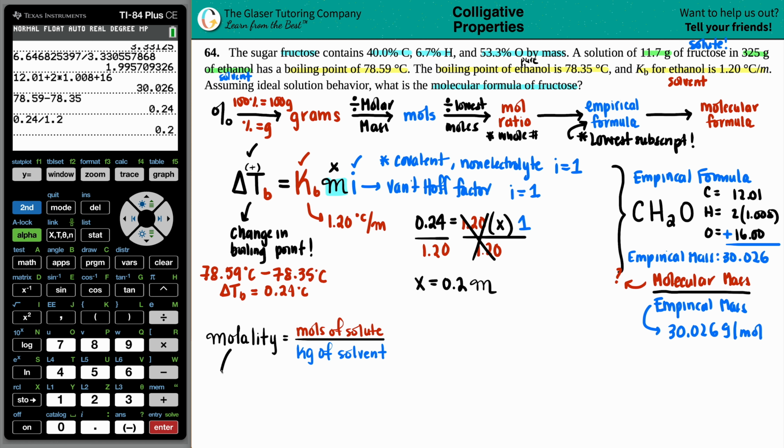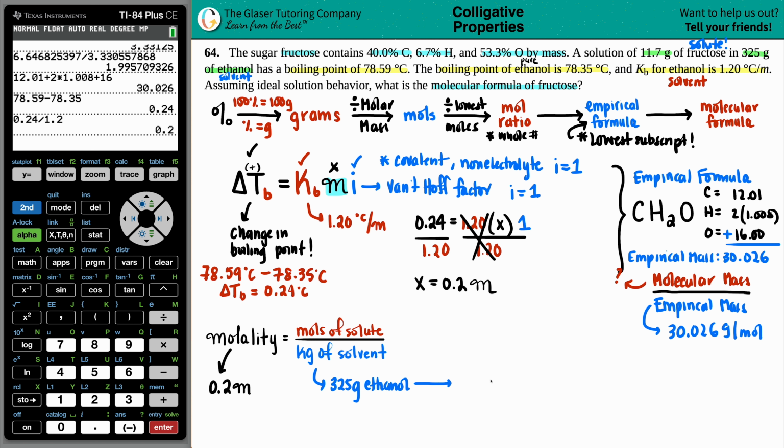And we just found out the molality, 0.2. So maybe we can solve for the moles, or maybe we can solve for the kilograms. Let's see. They told us that we had 325 grams of the ethanol, and that's the solvent. So we know that we have 325 grams of the solvent, which is the ethanol.